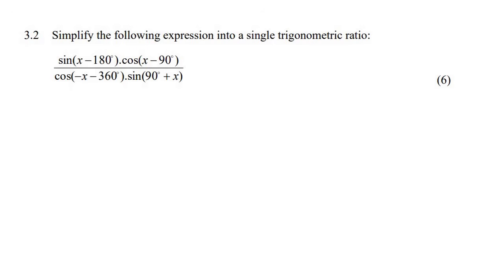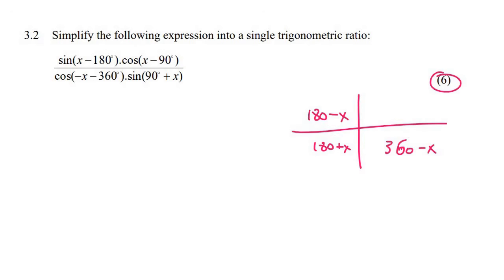Question 3.2, so we have to simplify this into a single trigonometric ratio for 6 marks. Alright, so definitely going to need the CAST diagram, and then we should remember that this is sin, cos, tan, and cos. Okay, so x minus 180 is not on the CAST diagram.